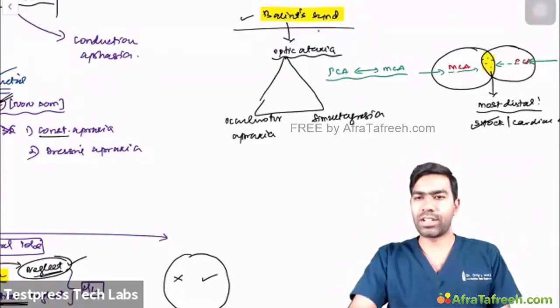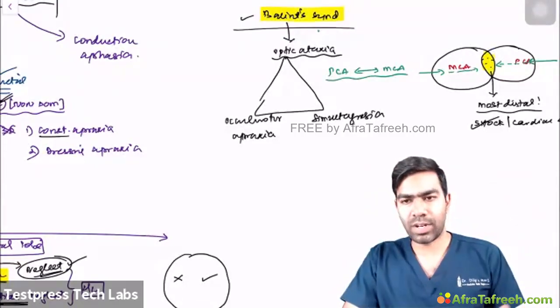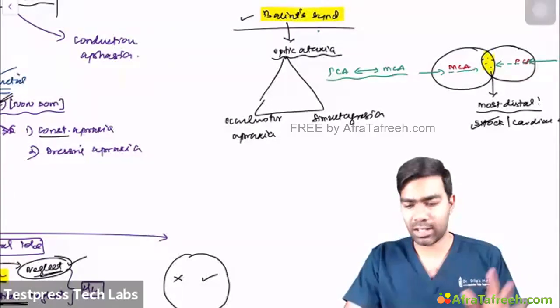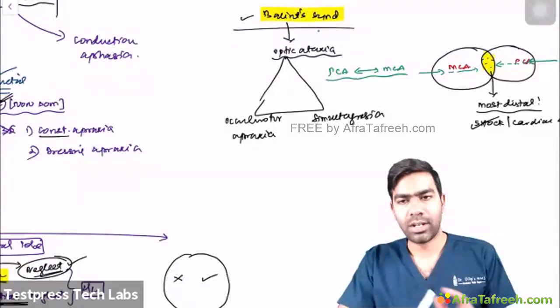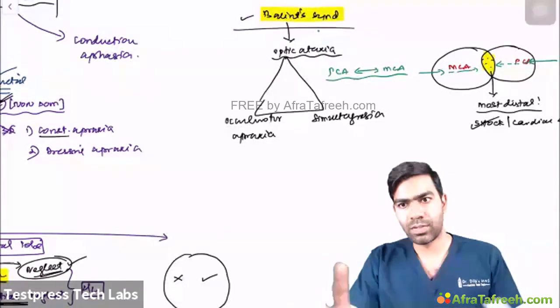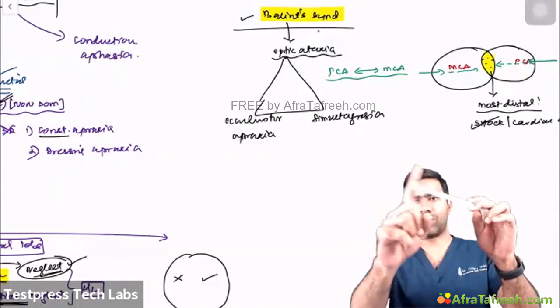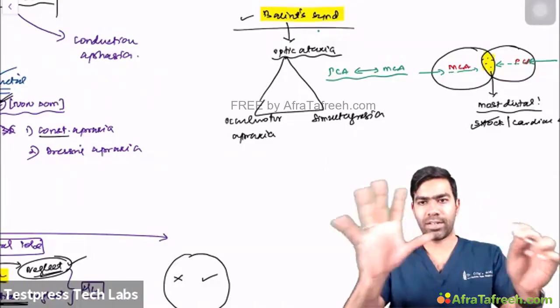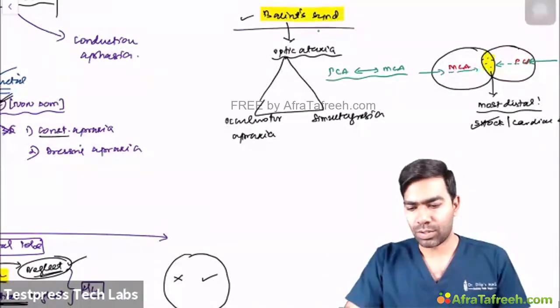So spatial identification will be very poor. This is what we refer to as optic ataxia, very characteristic, peculiar, and other components of cerebellar involvement will not be there. Everything else will be normal. Only for vision, and that too this kind of spatial identification, there will be some problem. So this is optic ataxia.